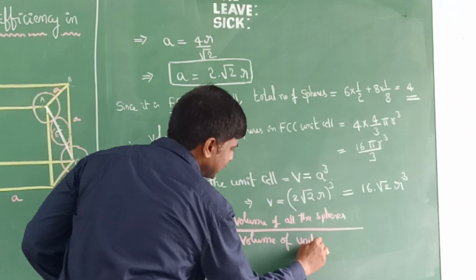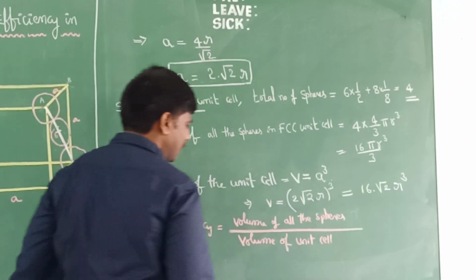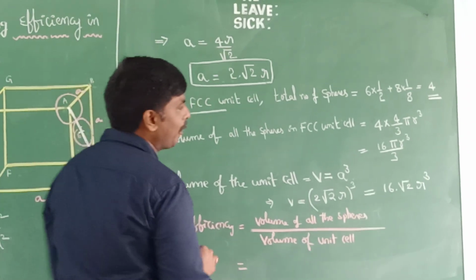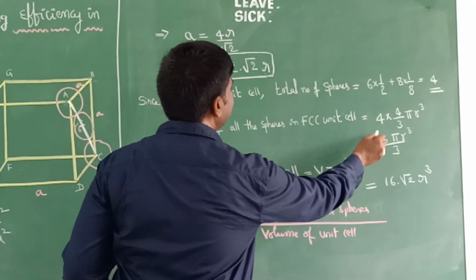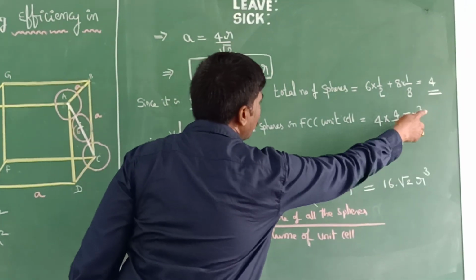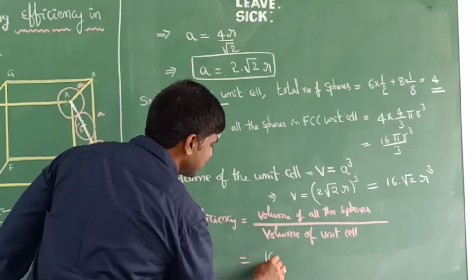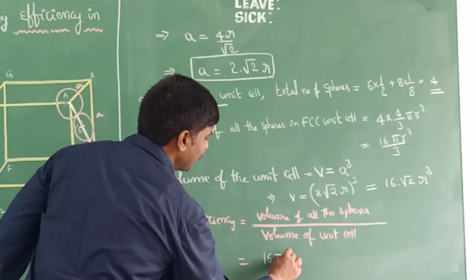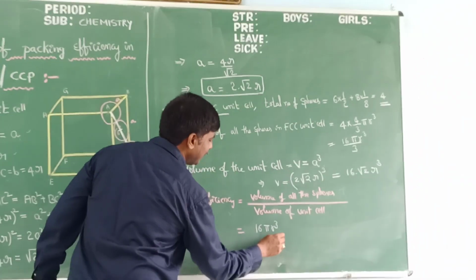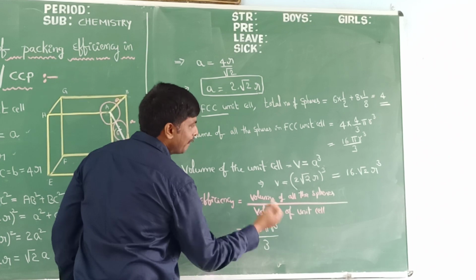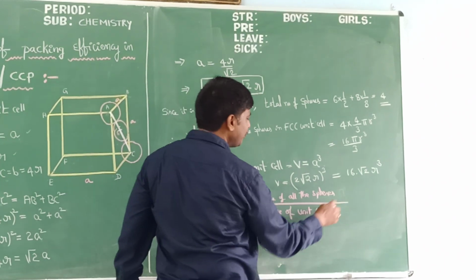How much came? Because 4 spheres, 4 into 4 by 3 pi r cube, that is 16 pi r cube by 3, divided by volume of unit cell.